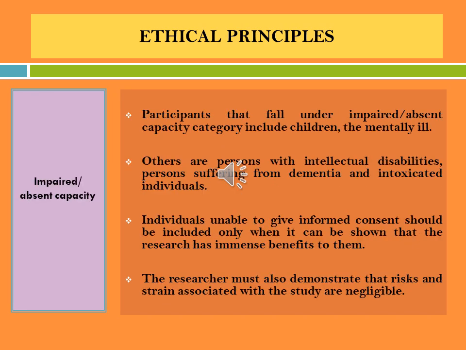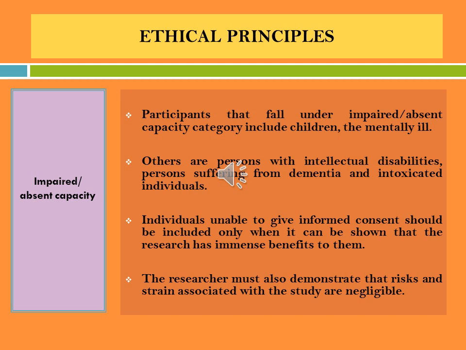It is important also to note that even as we seek informed consent, there are certain categories of participants who may cognitively not be in a position to consciously understand or accept their participation in the study, and therefore they fall under what we call the impaired or absent capacity category.